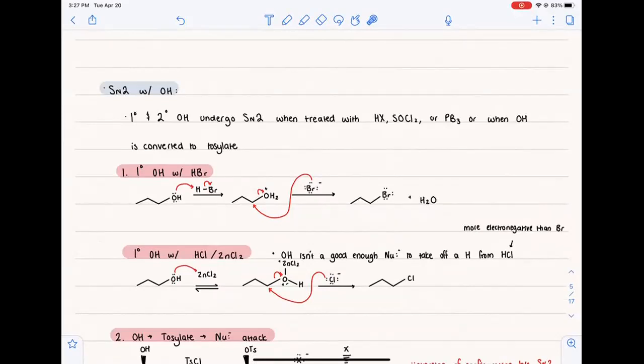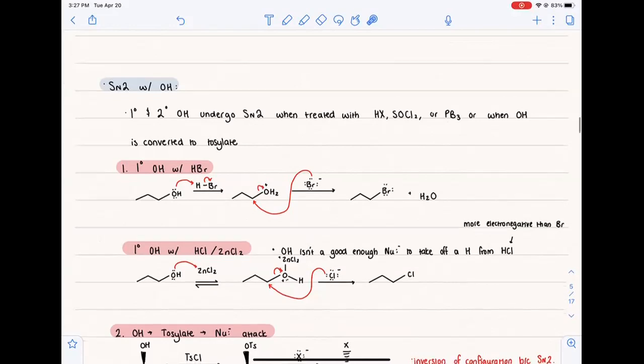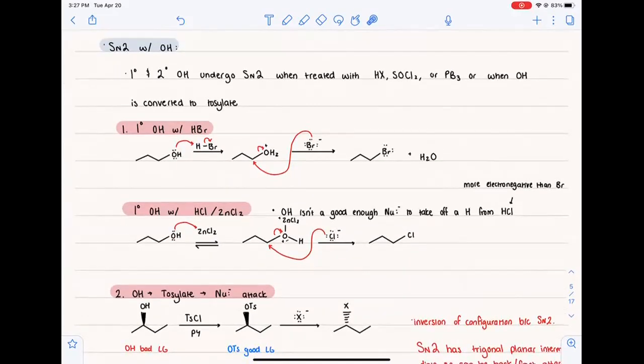We have primary and secondary alcohols undergo SN2 when treated with, again, a hydrogen halide, thionyl chloride, SOCl2 is what we're going to be calling it, and PBr3. Or when it is converted to a tosylate, this is what we were talking about with the TsCl.